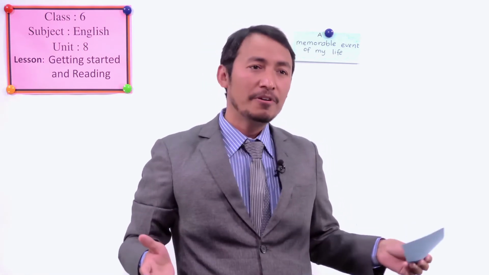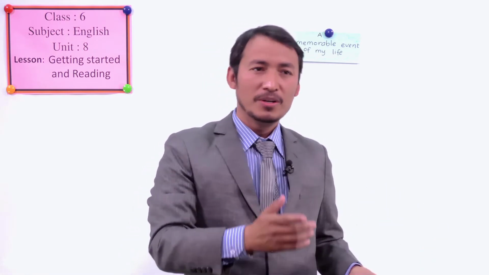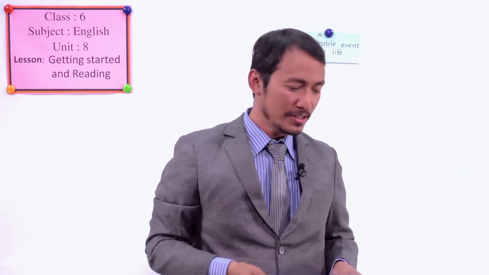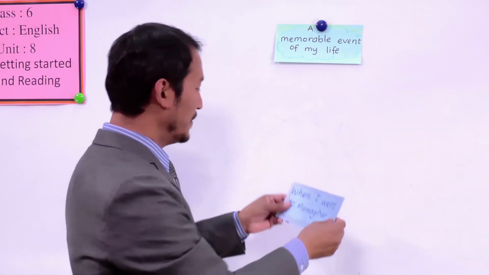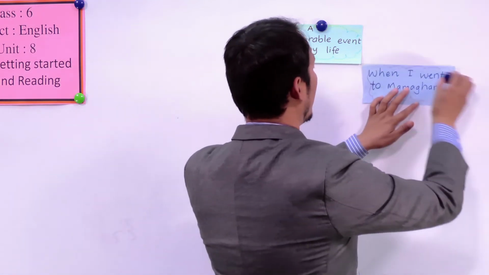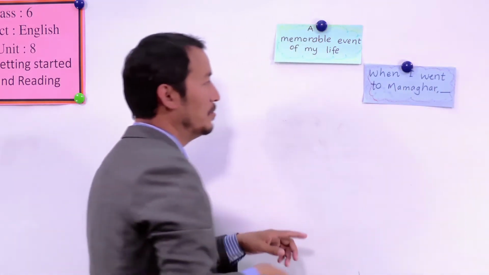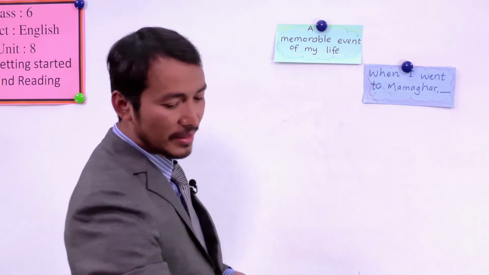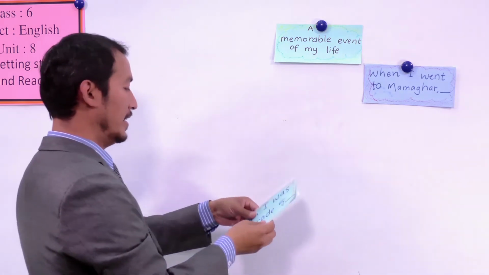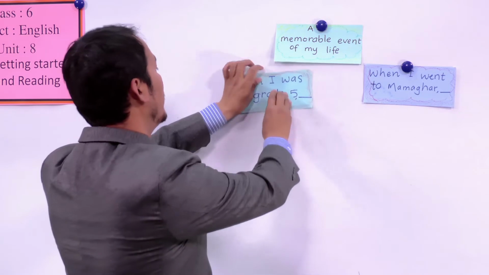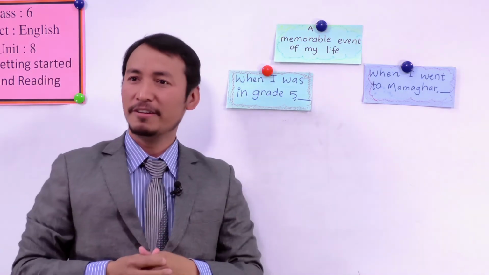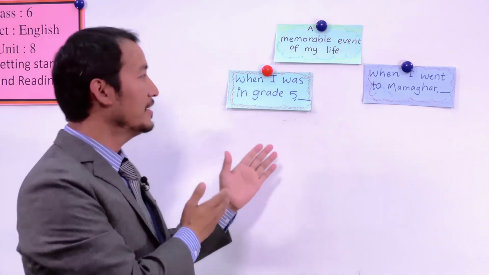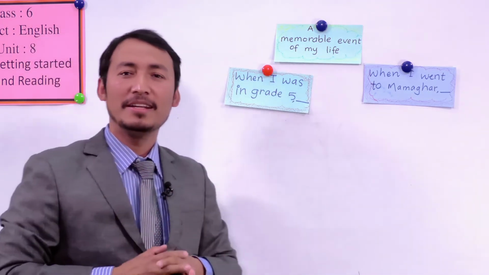As I have already said, you can remember the moments with your friends and festivals. Okay, students. Now you can remember the events when you went to Mama Ghar, and you can also remember the events when you were in grade 5. Okay, students, when you were with your grade 5 friends, you can remember such events.